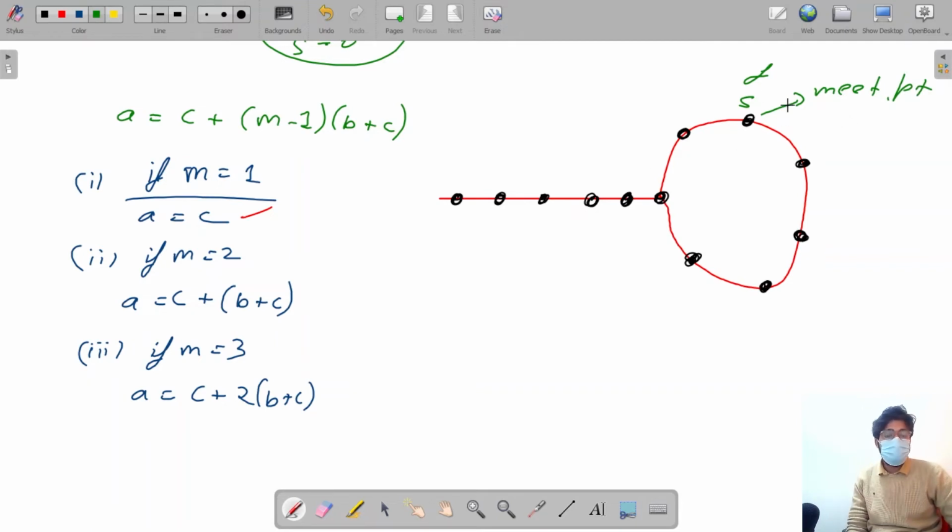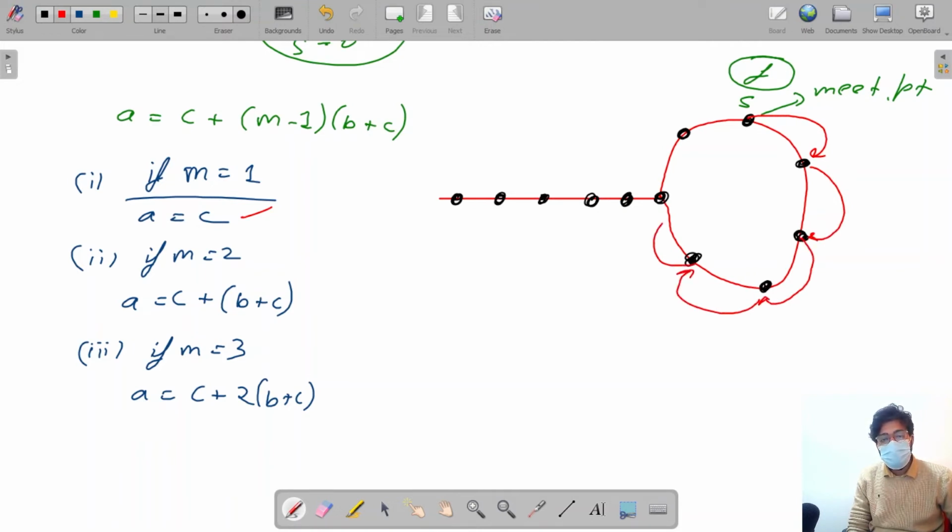So if this is our meeting point, for M is equal to 1, M is what? Number of rotations of F. Number of rotations of F is 1, right? Because we did one rotation, and in the second rotation we meet the S. Now count this. 1, 2, 3, 4, and 5.